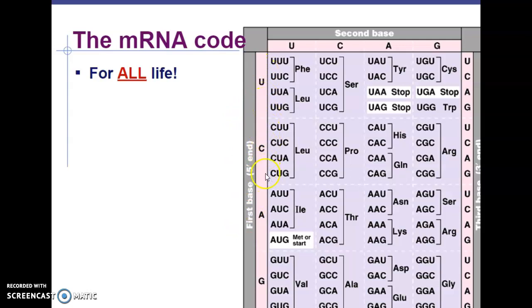If it's a C, it's going to be down here, then A, and then G. That's all from the first letter. The second letter is coming from the top. So if you're UA, you take the U, you go to the U box here, and then the third letter is over here. So if it's UAU, you just take this U over here and come by here, and you'll see UAU, and that will then translate to this amino acid.